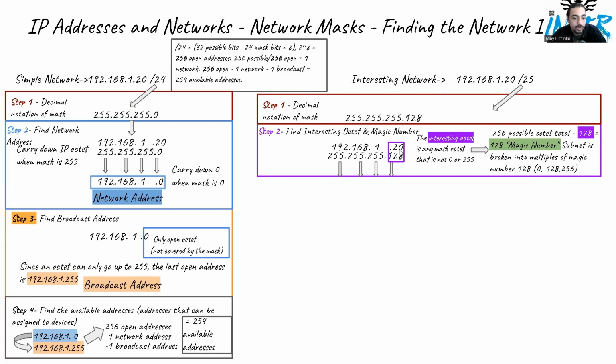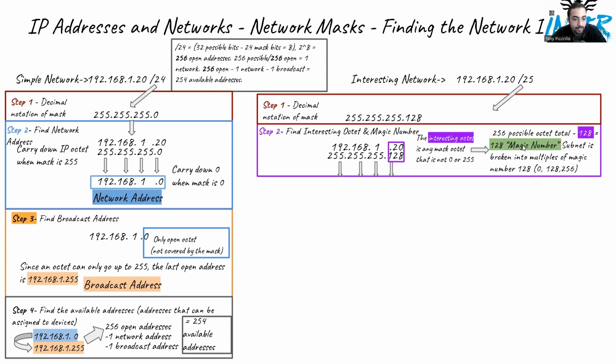So we know that the most amount of numbers possible for an octet is 256, right? So we're going to subtract our 128 from 256, and that gives us our magic number, which just so happens to be, in this case, 128, right? 256 minus 128 is 128, which is our magic number.